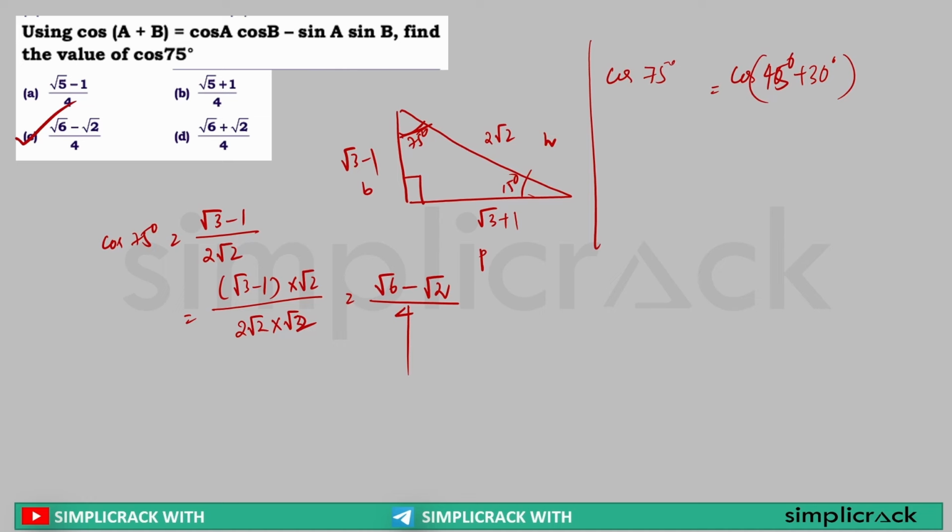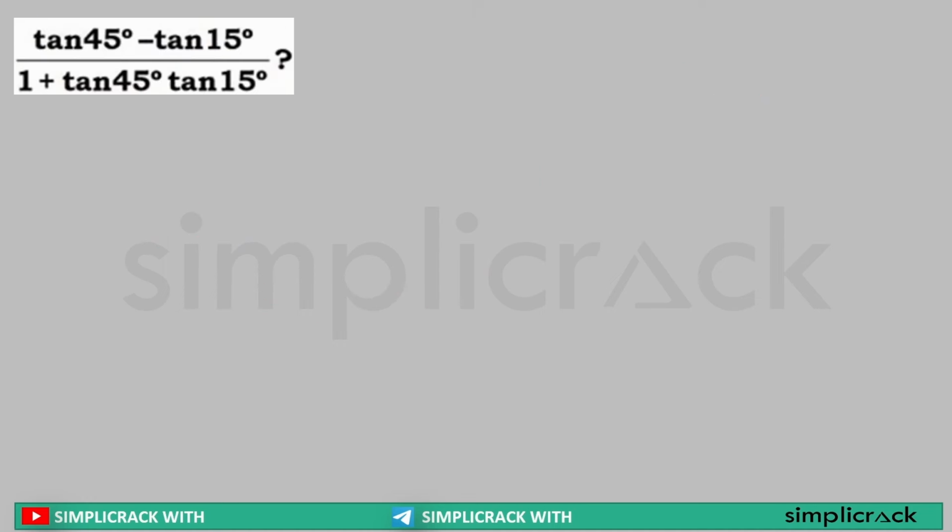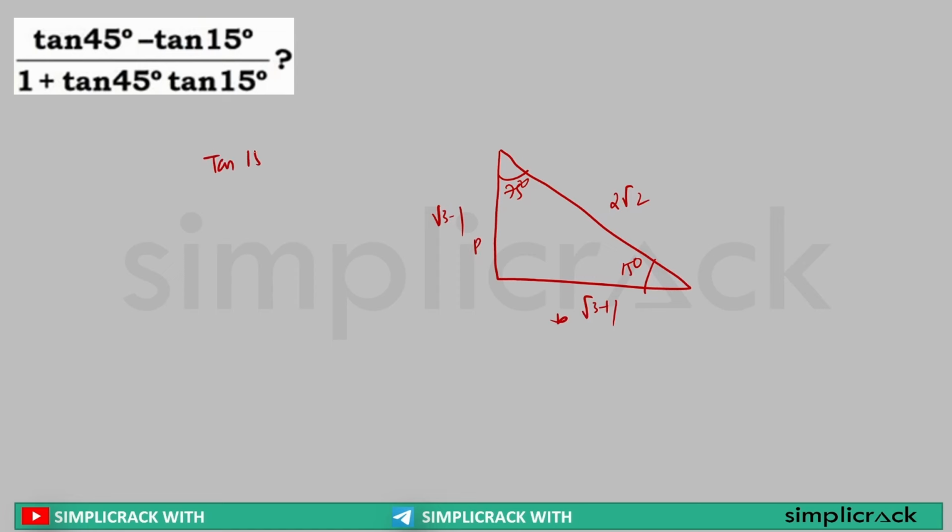Okay, sorted. Next. Sir, what is the value of this much? Very simple. Sir, same triangle I will be drawing again and again. 75, 15. Root 3 minus 1, root 3 plus 1, 2 root 2. Sir, this is given. This is P, this is B. Sir, tan 15 degree is equal to root 3 minus 1 by root 3 plus 1.